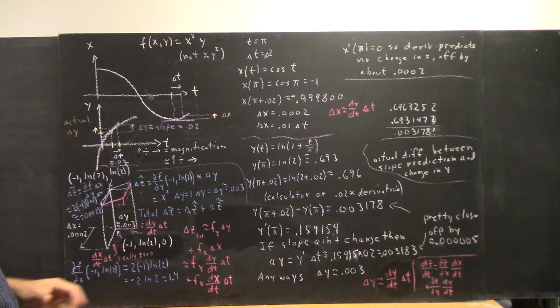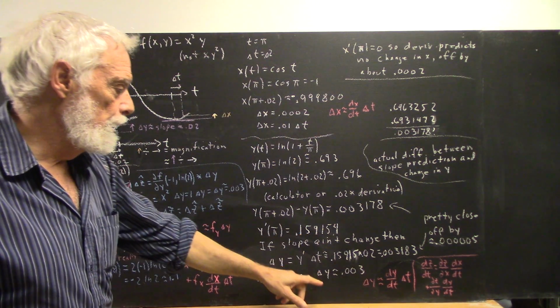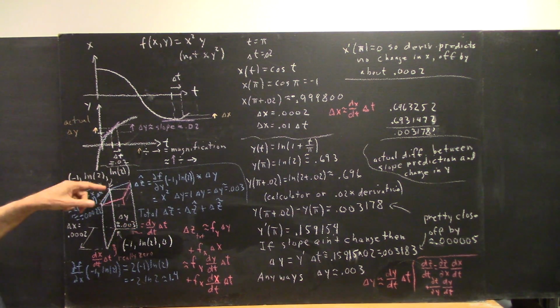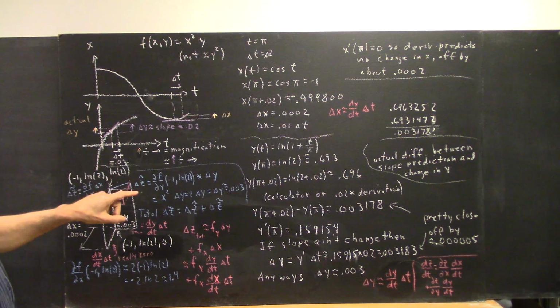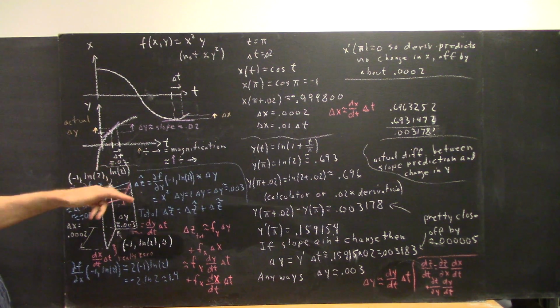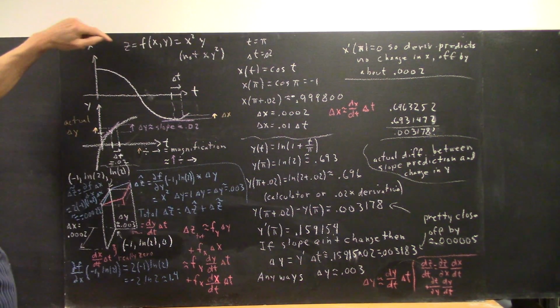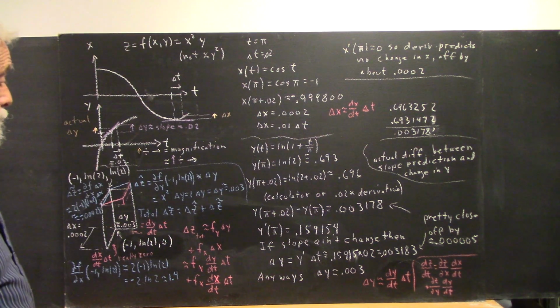Okay, now using the change that we predict in y, a change of approximately 0.003, how much is the value of the function going to change? The value of the function being the z coordinate, z equals f of x, y equals x squared y.